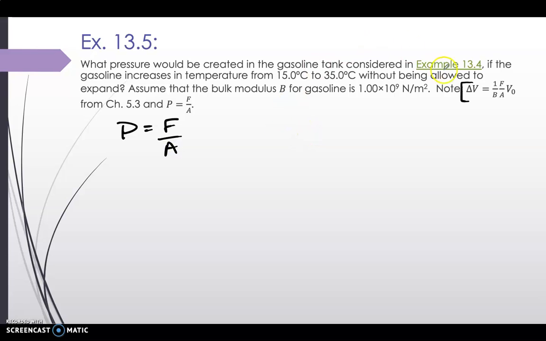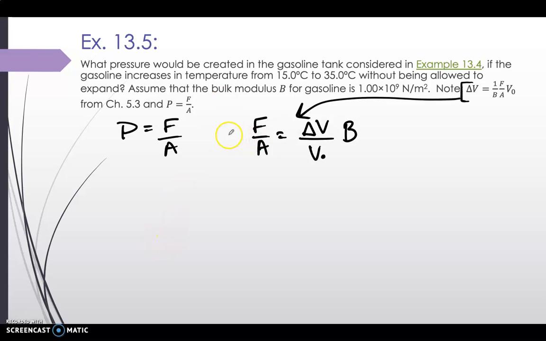From this equation, we can rewrite it to F over A equals delta V over V naught times our bulk modulus B. So now our pressure is equal to this equation here.